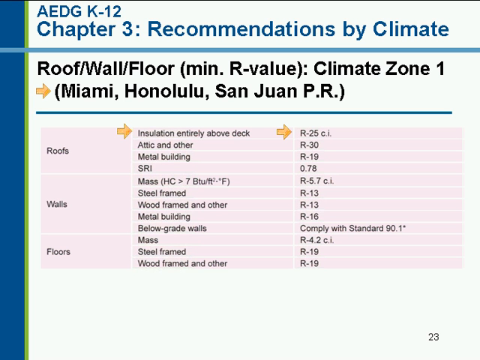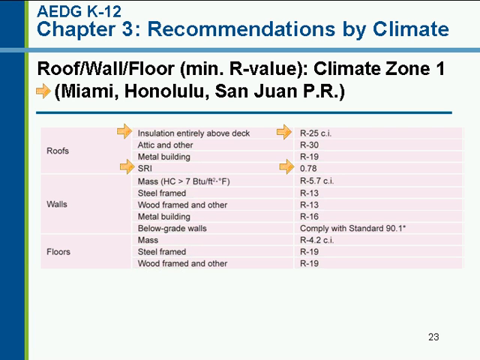R19 for metal buildings. This is typically going to be insulation that's installed between the roof structure and the girts, and so it's laid over the girt and compressed between the roof and the structure itself. And here you see an SRI, the Solar Reflectance Index, of 0.78. I'll talk some more about that in a minute.